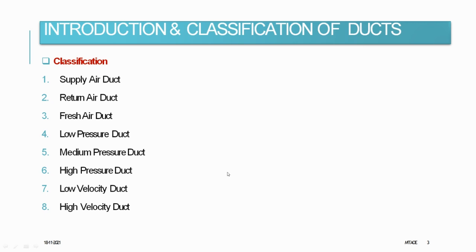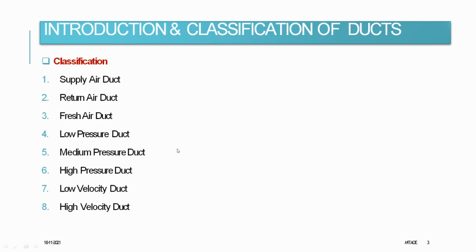These first three are based on what they are used for, and their names are taken accordingly. A supply air duct is used to supply the air towards the different rooms or sections. A return air duct, as the name shows, is used to take the return air from the room to the central system. And a fresh air duct is used to give fresh air to the cooling machine or cooling coil.